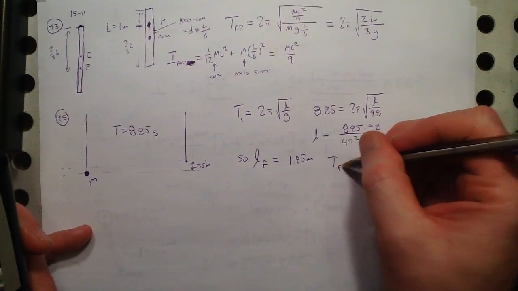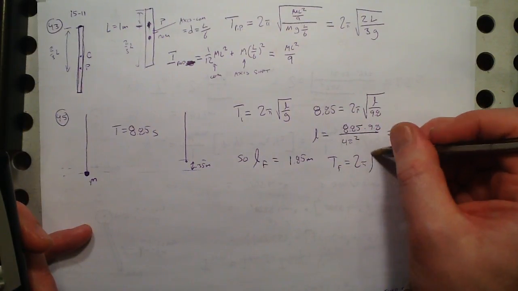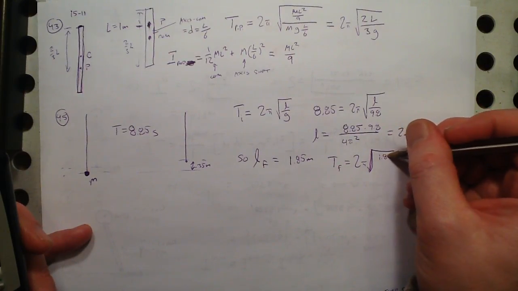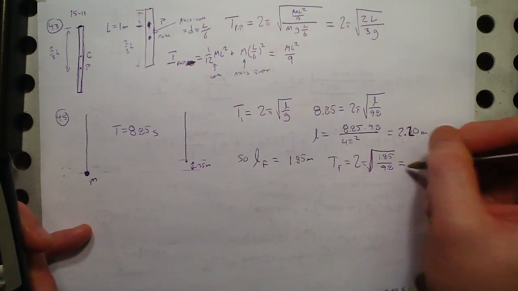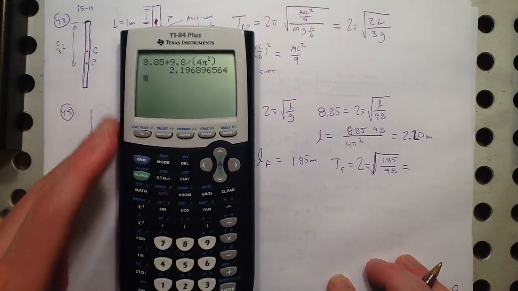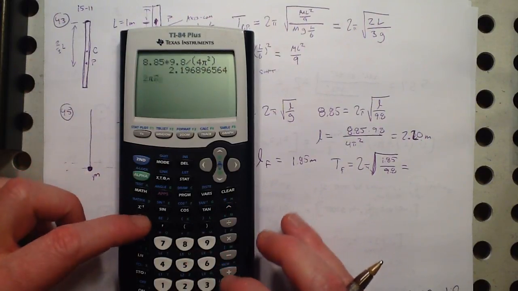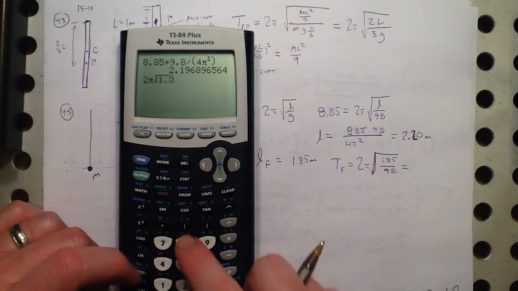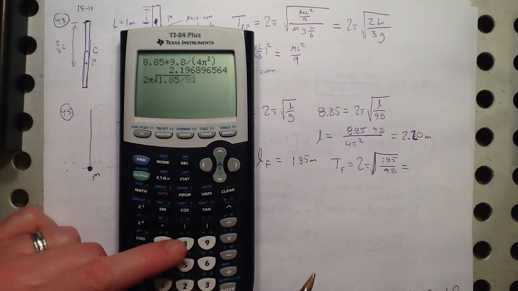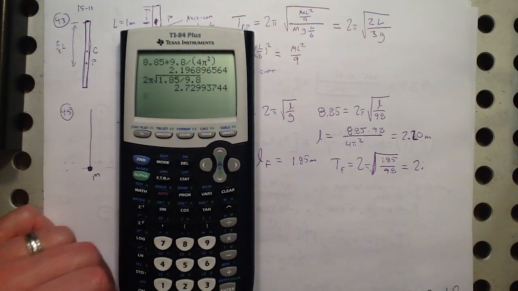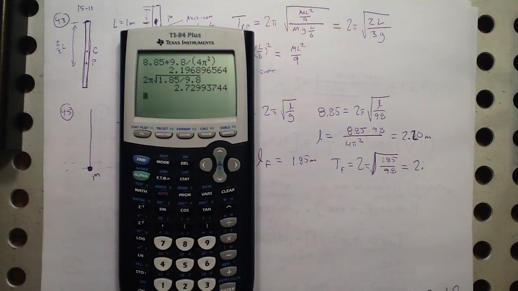So the new period is going to be 2 pi times the square root of 1.85 over 9.8. So the new period is now 2 point... That doesn't make any sense because the old period was 8.85 seconds. It would not change that much. So what did I do wrong?